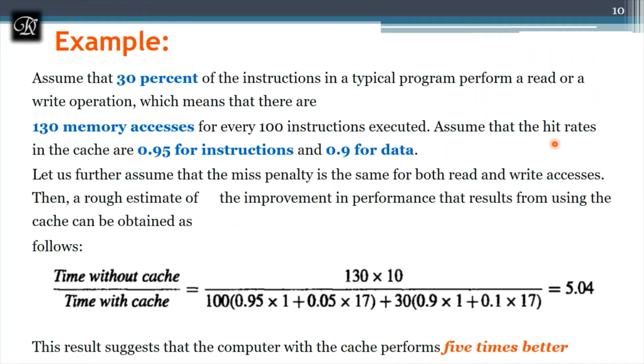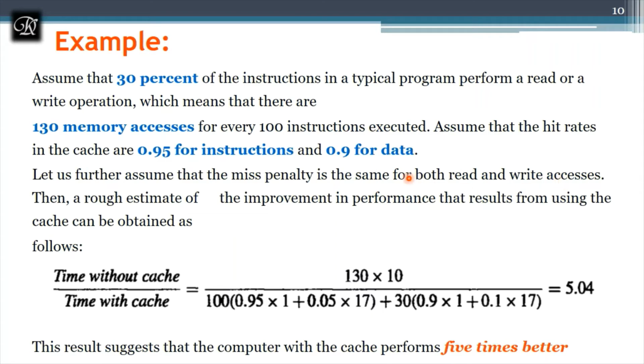Assume that the hit rate in the cache is 0.95 for instructions and 0.9 for data operands. Let's assume the miss penalty is the same for both read and write access.